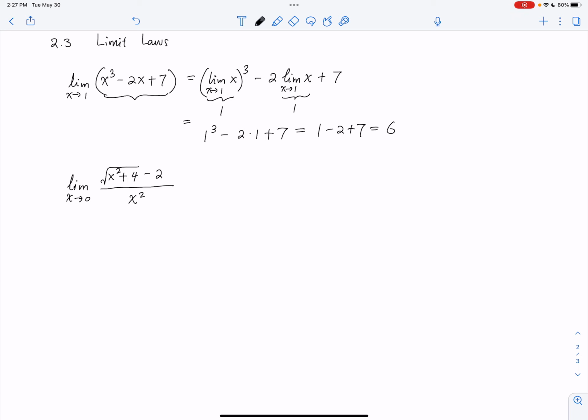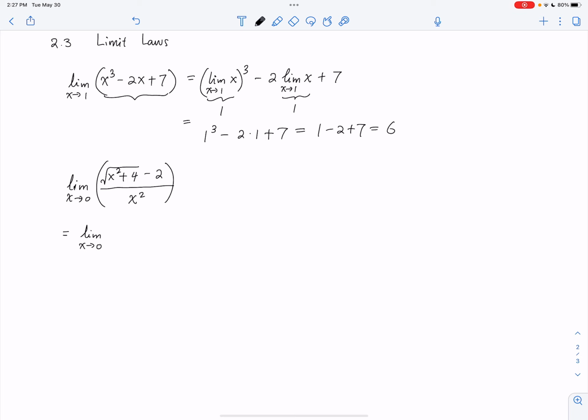The denominator is x squared. So if x goes to 0, it's just 0. So you have a 0 on the denominator, and that can give us trouble. If you have something like that, the first thing you can do is try to simplify this term. You don't want to put 0 on the denominator. So how do you do that?